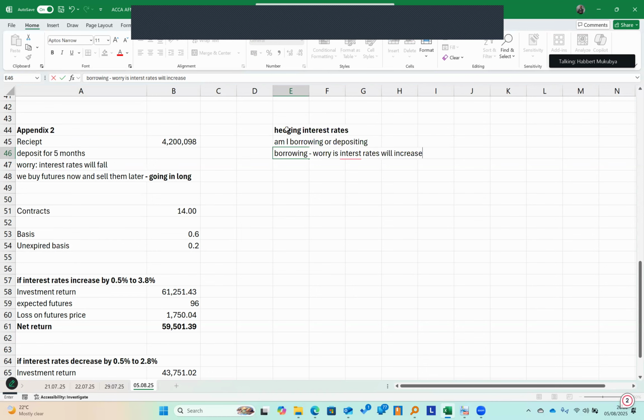So your worry is that the interest rates will increase, which means that, and also we saw that the futures price is usually 100 minus the interest rate, which means that when interest rate increases, the future price decreases. Is that part clear?